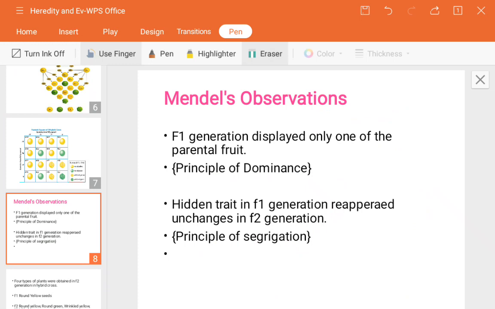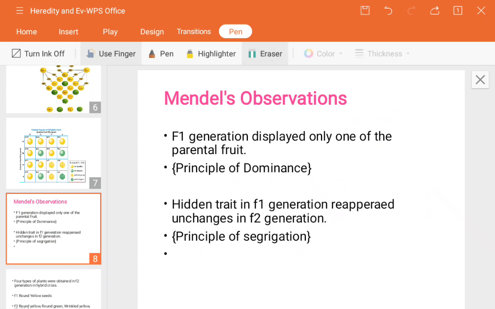So next, when they self-pollinated the first filial generation, what happened? The hidden trait in the F1 generation reappeared unchanged in the F2 generation. When they self-pollinated, at that time the fourth character was the recessive one, that was the dwarf plant. So that experiment of F2 generation self-pollination they named the principle of segregation.